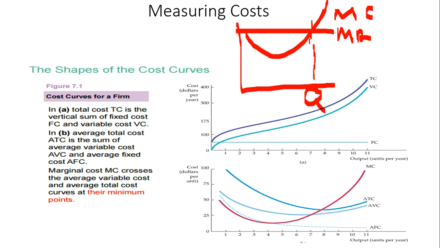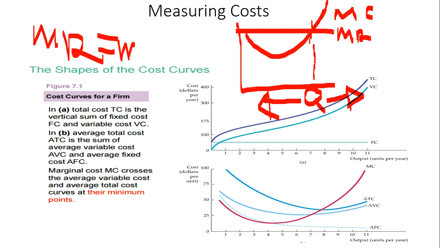That's not a good position to be in as a manager. You shouldn't allow your firm to produce beyond this Q. At the same time, it's not rational for this firm to produce below Q. So below Q and also above Q is not rational. The best is to produce Q units where marginal revenue is equal to marginal cost.